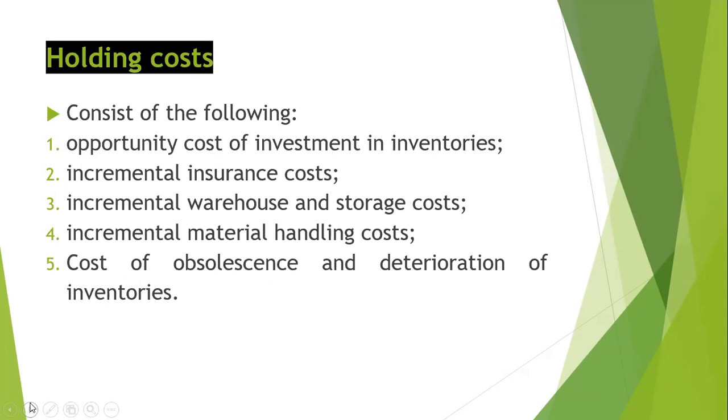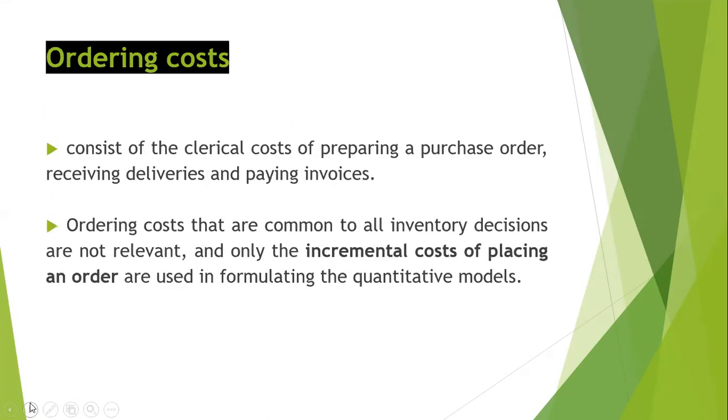And of course, they consist of the opportunity cost of investment in inventories, the incremental insurance costs because you have to insure the inventories, the incremental warehouse and storage costs, incremental material handling costs, talk about the cost of obsolescence and deterioration of inventories. Then you also have the ordering costs, those incremental costs that are incurred when preparing purchase orders, receiving deliveries, and paying invoices.